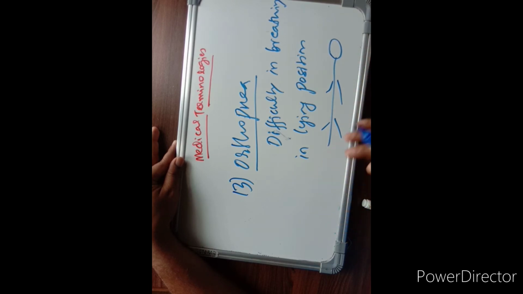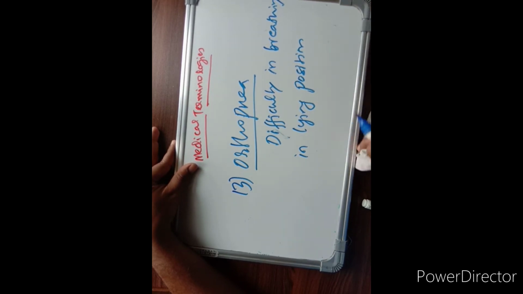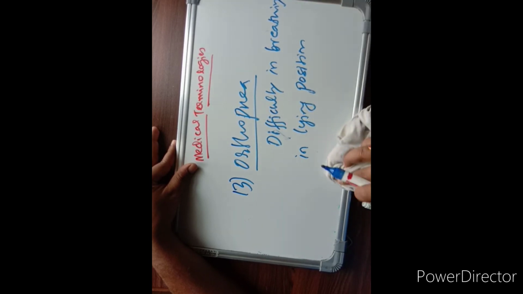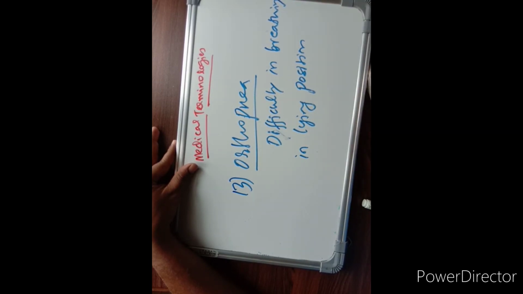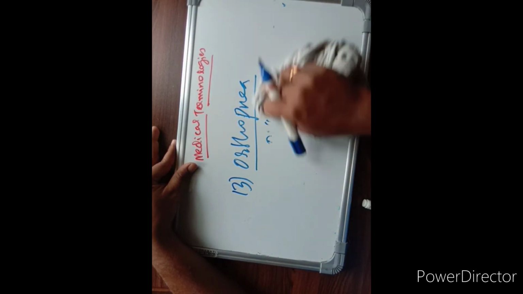And as soon as the patient sits up in the bed, the breathing difficulty will come down. So this is known as orthopnea. Orthopnea means difficulty in breathing in lying down position. Otherwise, when the patient sits up, the difficulty in breathing subsides. So difficulty in breathing in lying position is known as orthopnea.